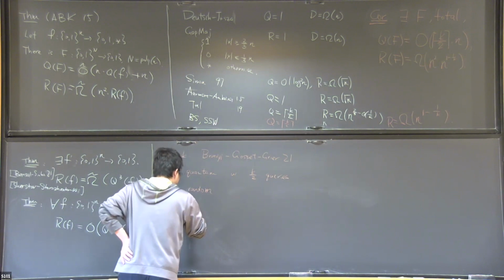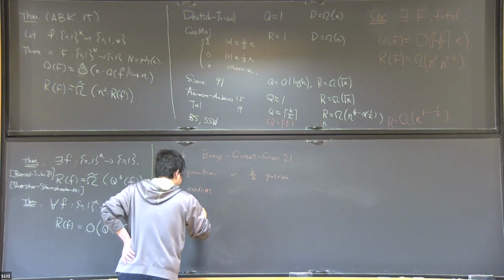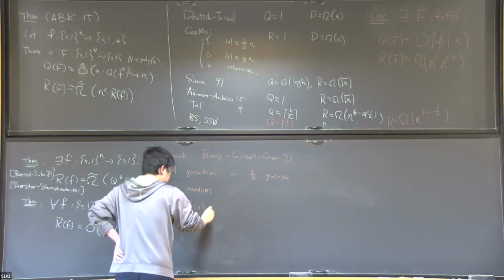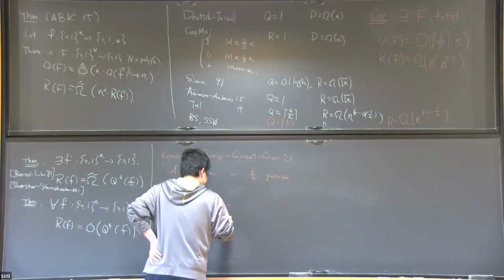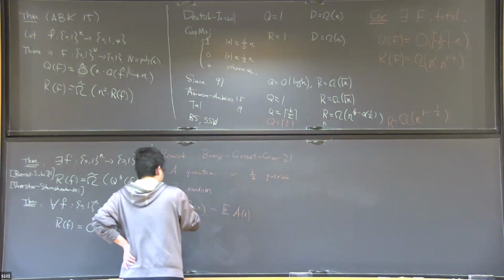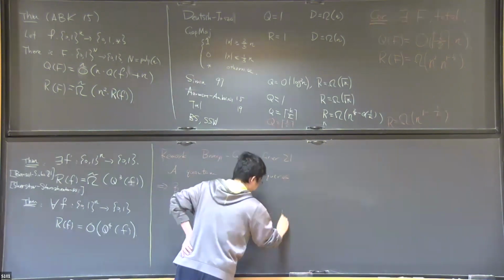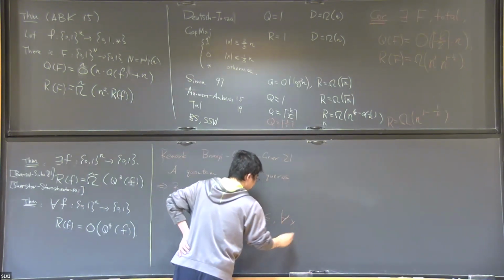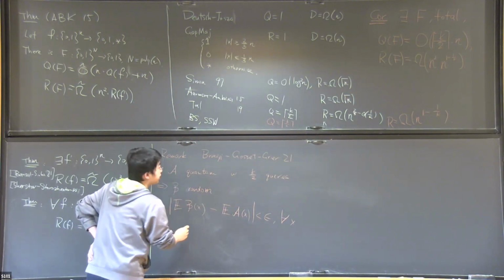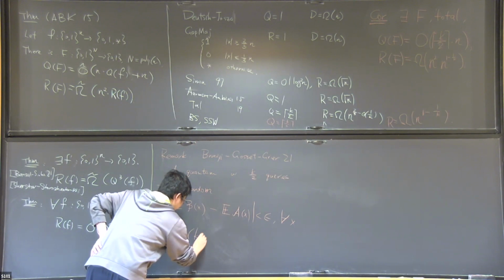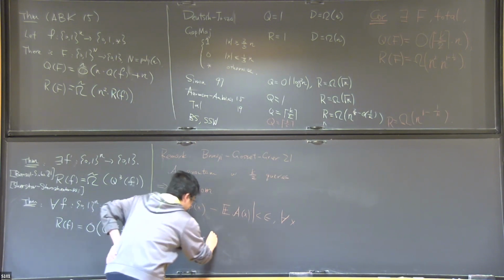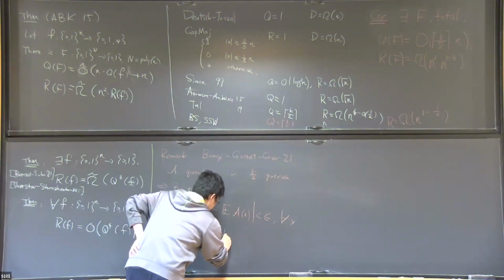By simulate, I mean that the probability that this classical algorithm outputs a 1 will be close to the probability that your quantum algorithm outputs 1 on any input, using a number of queries which is k times n to the 1 minus 1 over k.